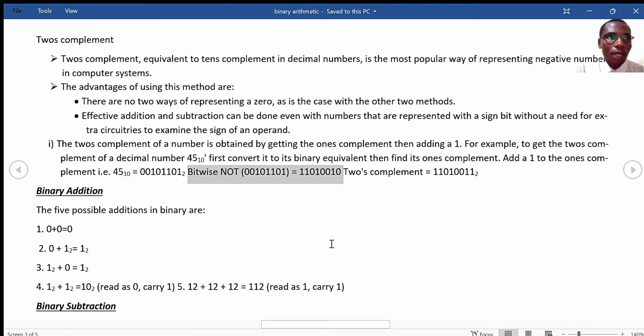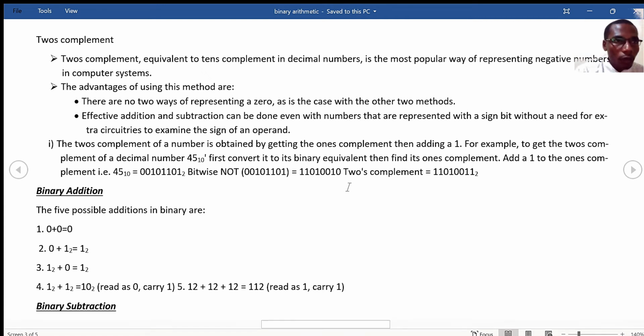The bitwise not of that 00101101, which is a complement of that number, will be 11010010. In fact, you know this one from the ones complement. Up to that point we are doing ones complement.